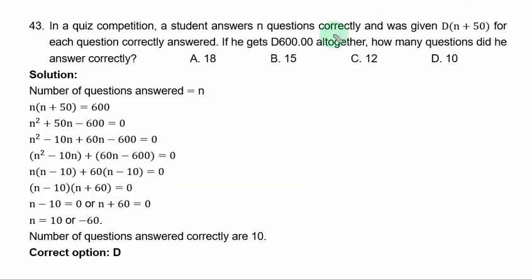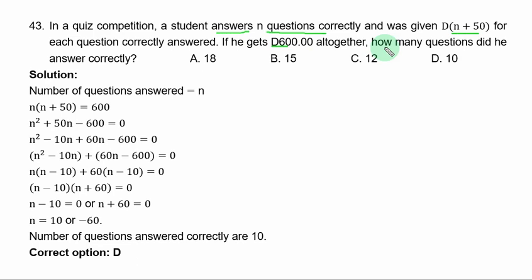Question 43. In a quiz competition, a student answers n questions correctly and was given n plus 50 kobo for each question correctly answered. If he gets 600 kobo altogether, how many questions did he answer correctly? Number of questions answered equal to n.